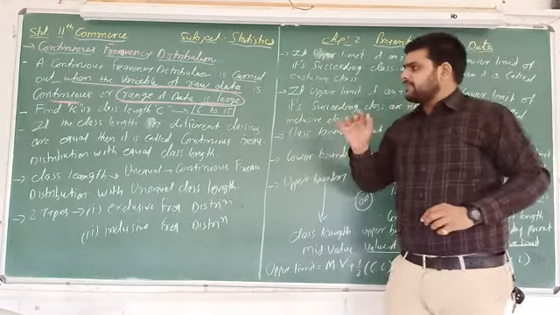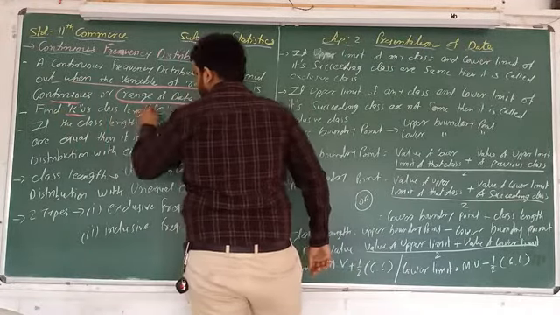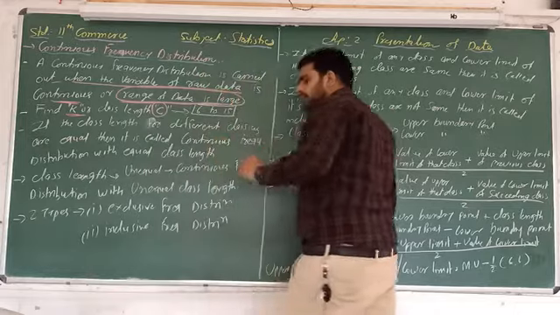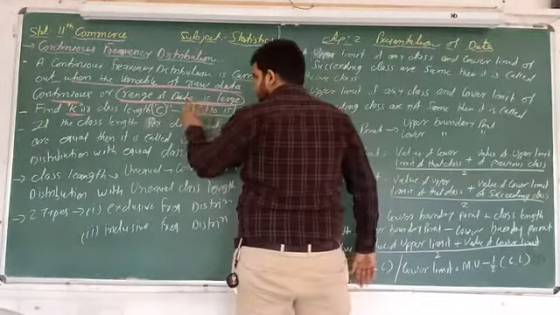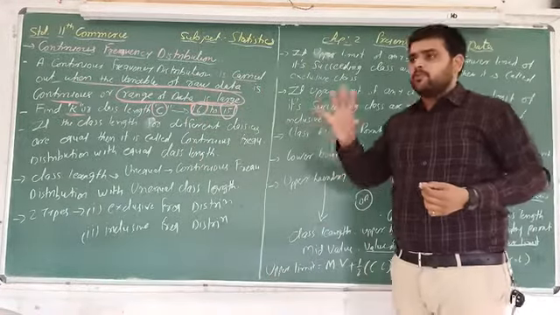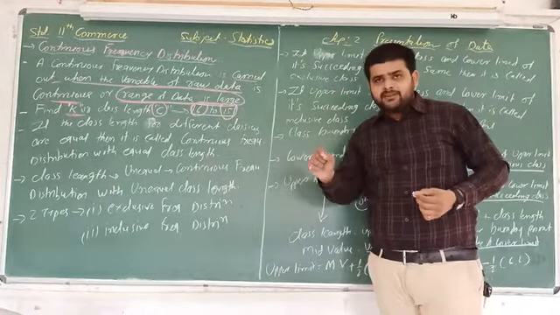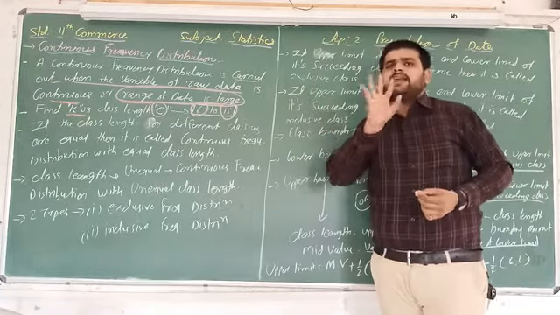For classes, we first have to find out K, the number of classes, or the class length C. An appropriate number is a minimum of 6 classes and a maximum of 15. We have to prepare classes in which the minimum value and maximum value are both included.